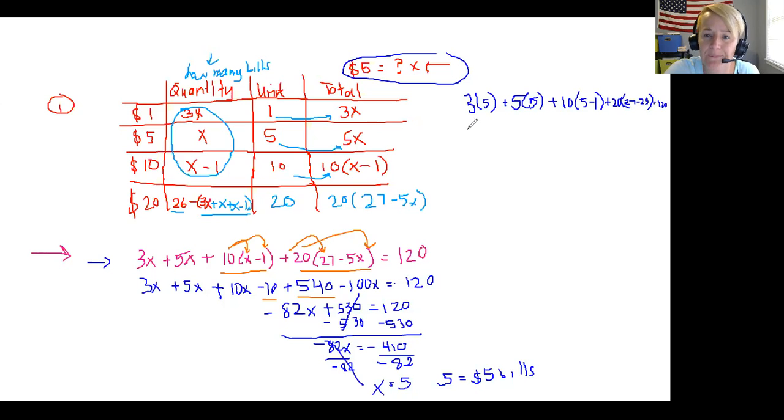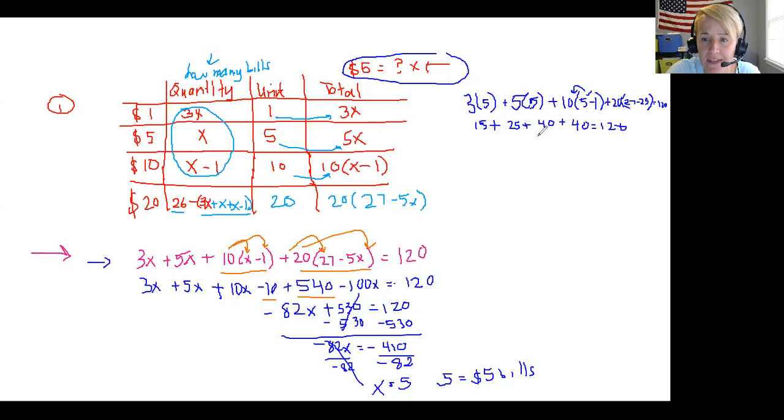Okay, 3 times 5 is 15 plus 5 times 5 is 25 plus 5 minus 1 is 4, times that by this 10 right here, and that's going to give me 40, plus 27 minus 25 is 2, times 20 is also 40, so 120.